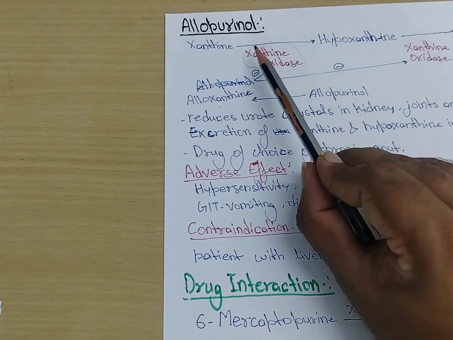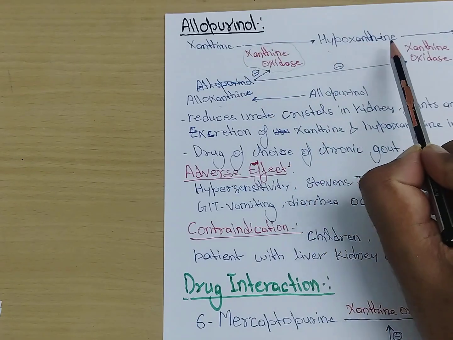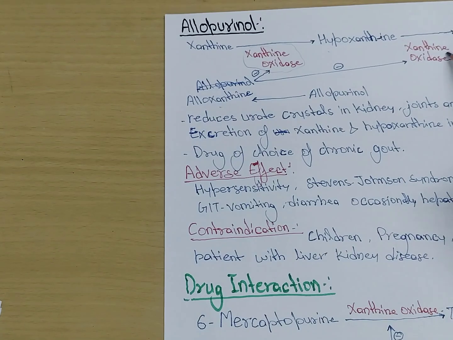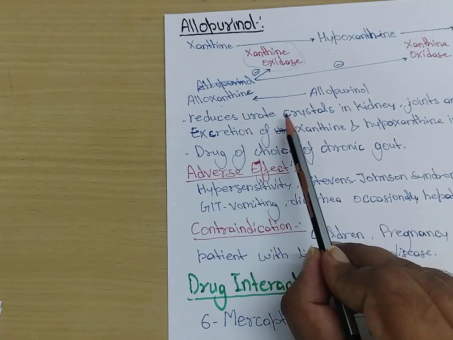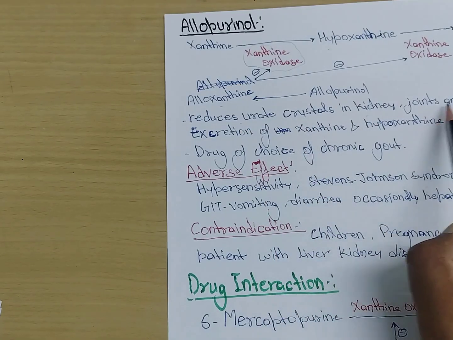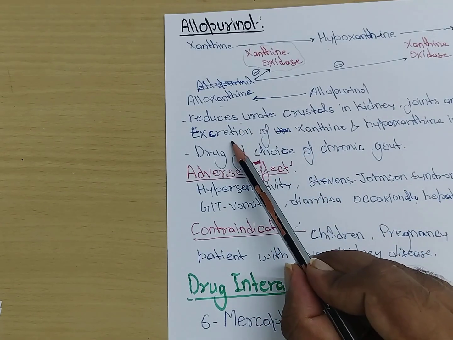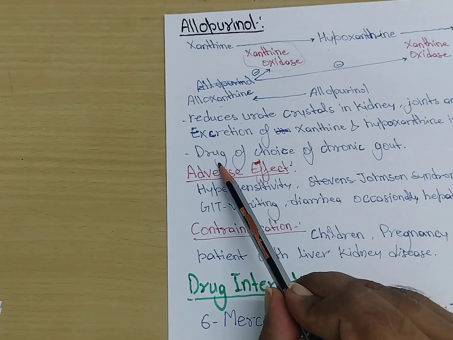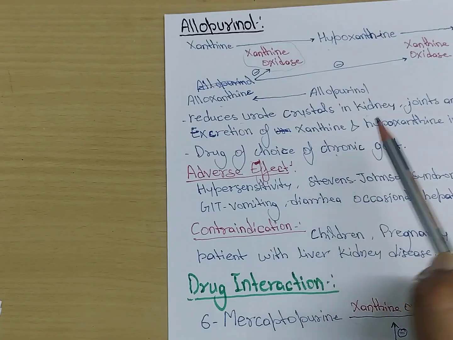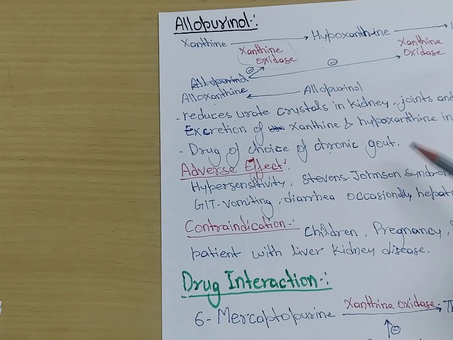Xanthine oxidase converts hypoxanthine into xanthine and xanthine into uric acid. Thus it prevents formation of uric acid. It reduces urate crystals in kidney, joint and soft tissue, and increases excretion of xanthine and hypoxanthine in urine. The drug of choice for chronic gout is allopurinol.